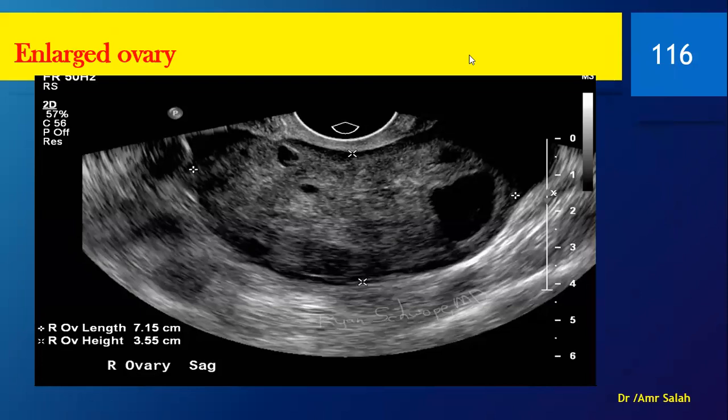First, the enlarged ovary. Look at this, enlarged ovary. We discussed this before, having the arterial intake, and the first thing that's getting blocked here is the venous drainage. So there will be some flow by the uterine artery.